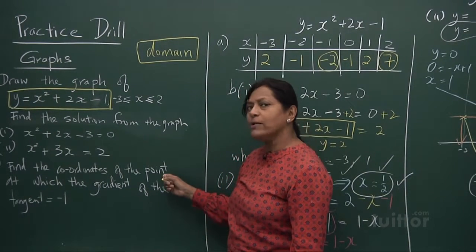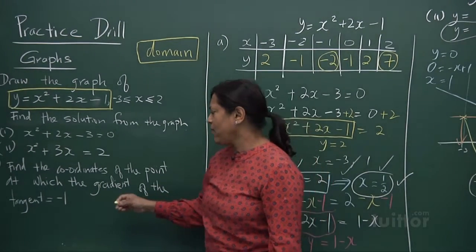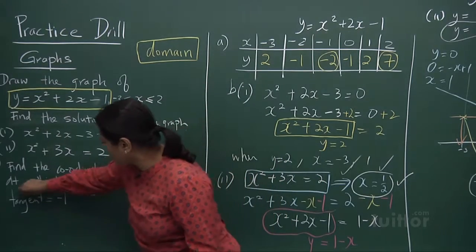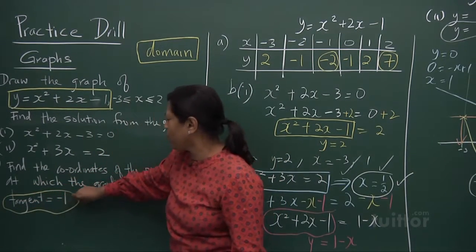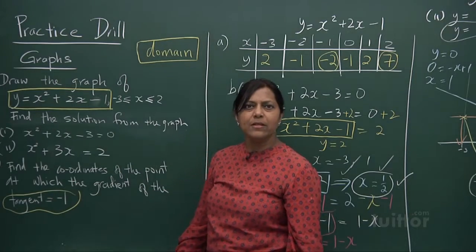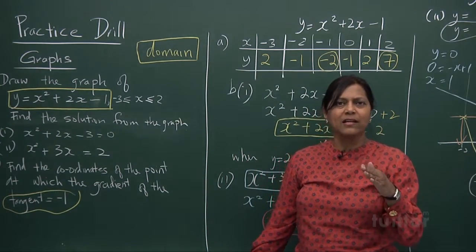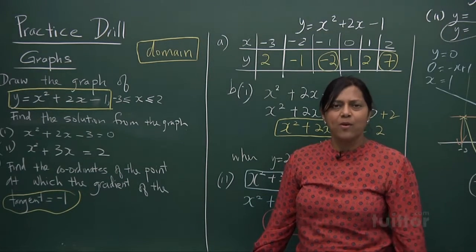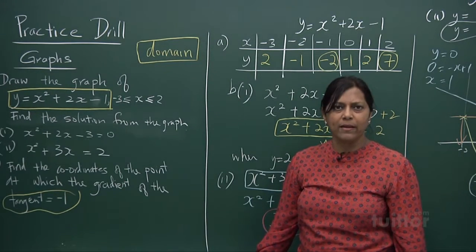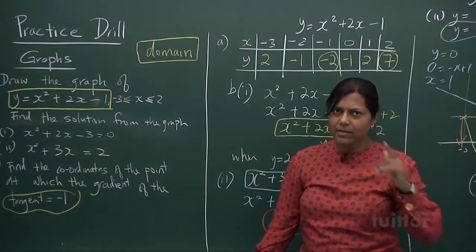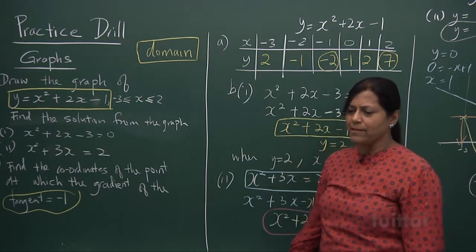They want the point on the graph when the tangent is equal to -1. That means the tangent is a line touching the curve at one point, and at what point is that tangent where the gradient is -1?